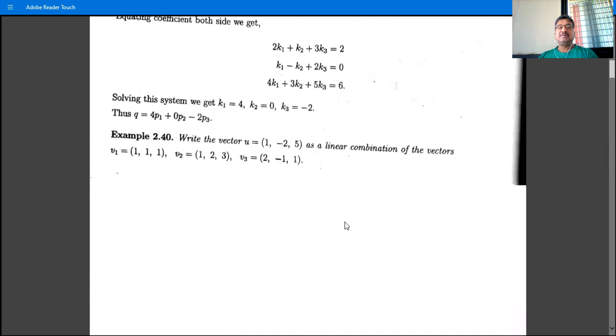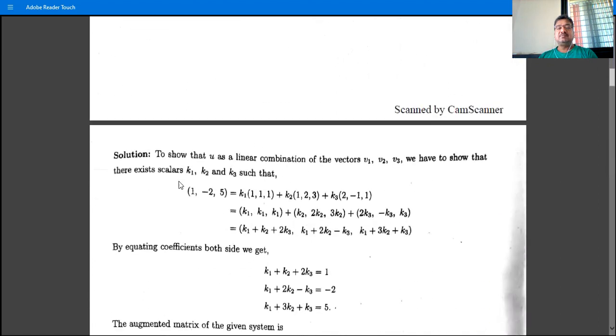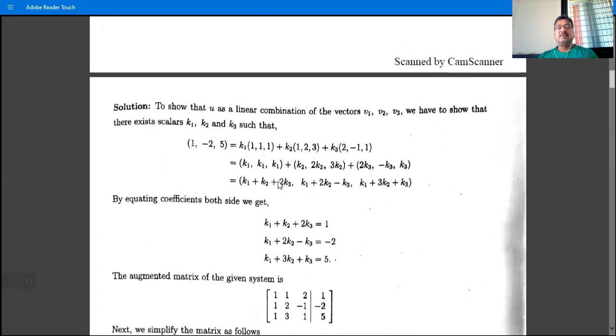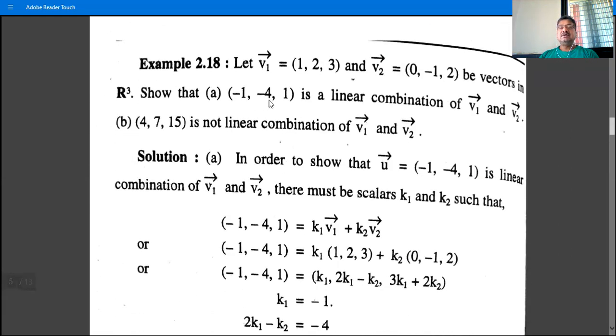So here we have to express the one vector as a linear combination of two vectors.